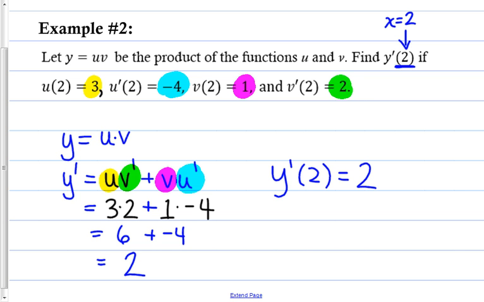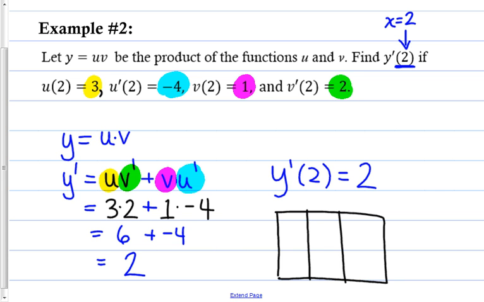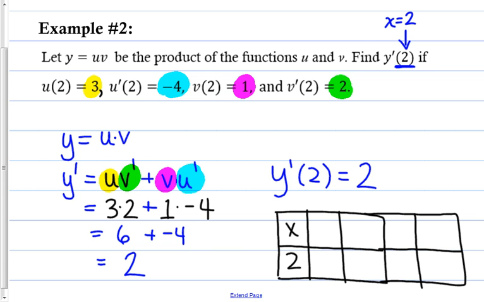Sometimes, instead of listing the information like that, they will make a table. They'll tell you x is 2, and then u, or u of x, u prime, v, v prime.